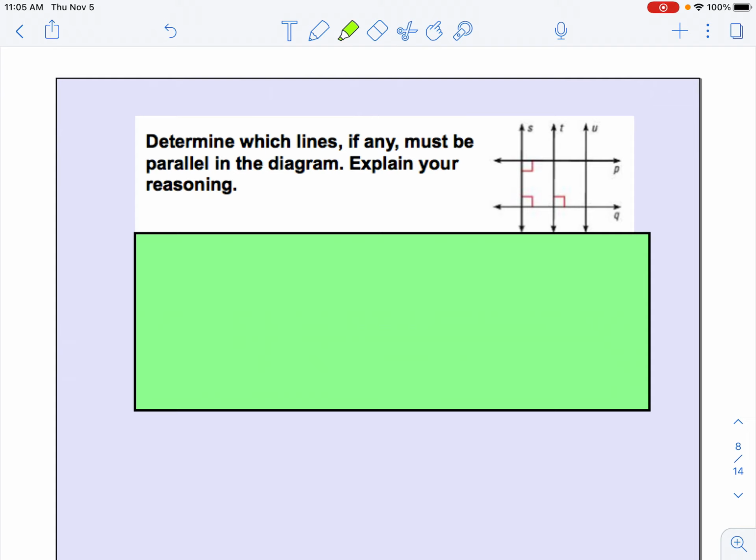What that's telling me is that these two lines right here, this line and this line, have to be parallel because their corresponding angles are congruent. So that tells you that line S will be parallel to line T by the corresponding angles converse.